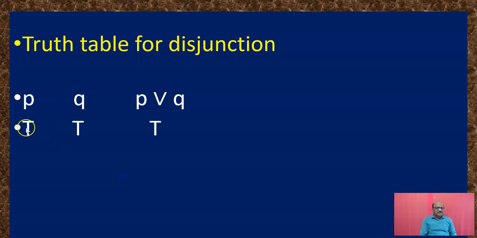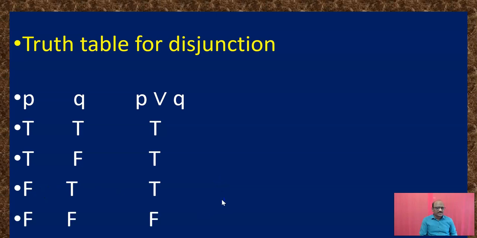T or T is T. Next is T or F, again T. F or T is again T. And F or F, then it is F. Therefore, to remember this, if one of them is true, then it is true. If both of them are true, then it is true. One of them must be true, then it is true. If both of them are false, then it is F. You can remember like this also.